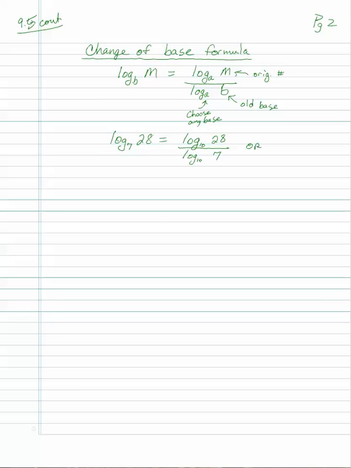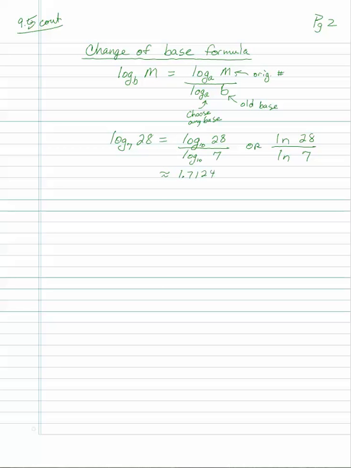Do this with your calculator: log 28 divided by log 7, hit equals, and you get 1.7124.